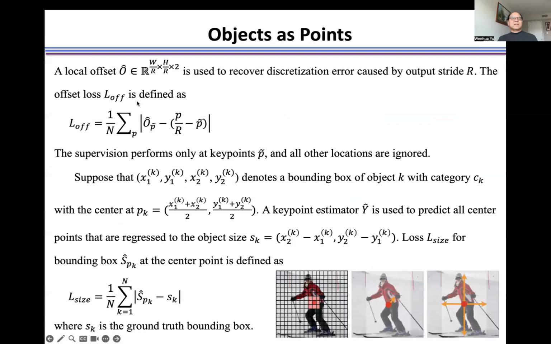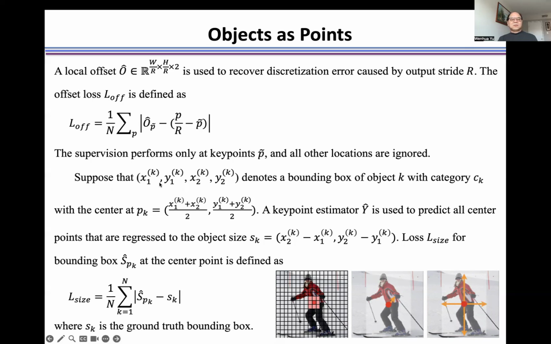A local offset O hat is used to recover the discretization error caused by the output stride R. The offset loss L off is defined here. The supervision is performed only at the keypoints P tilde, and all other locations are ignored.